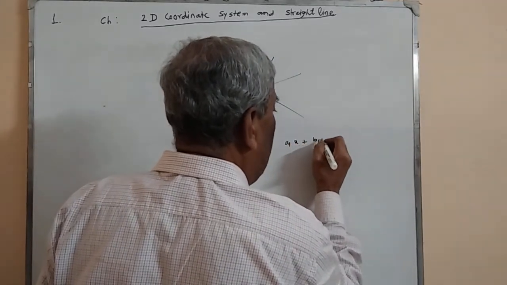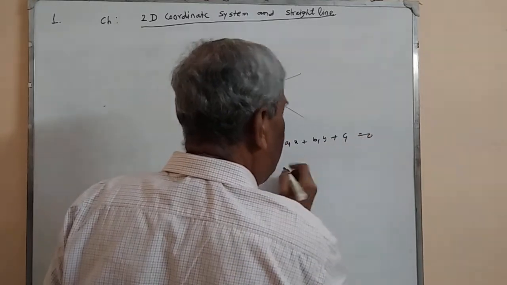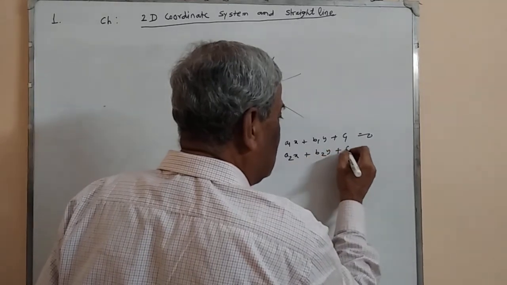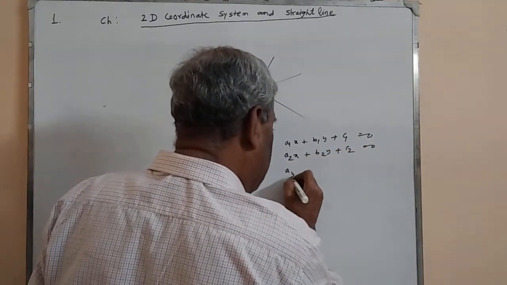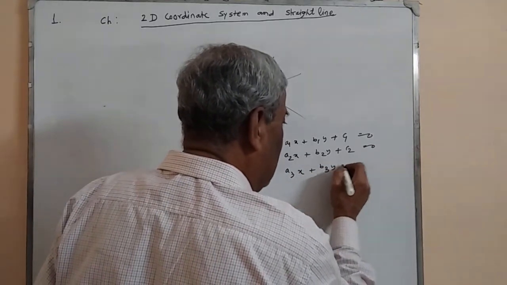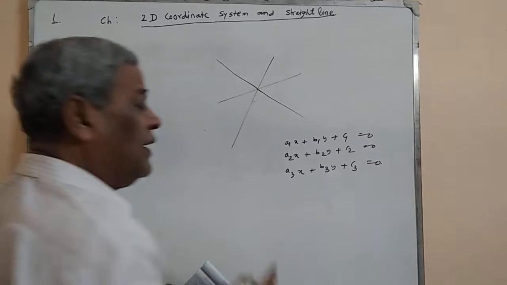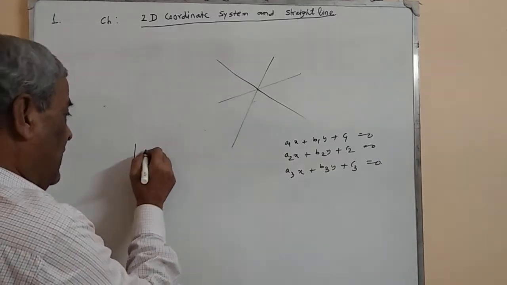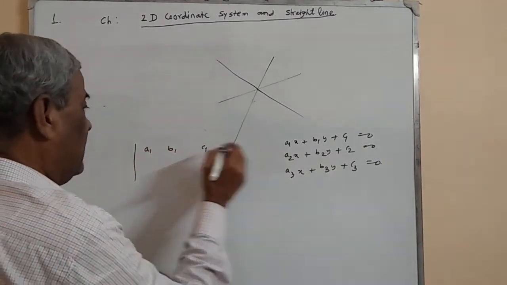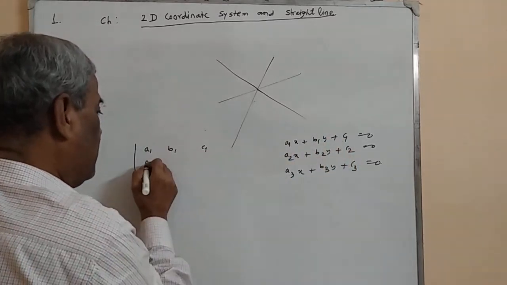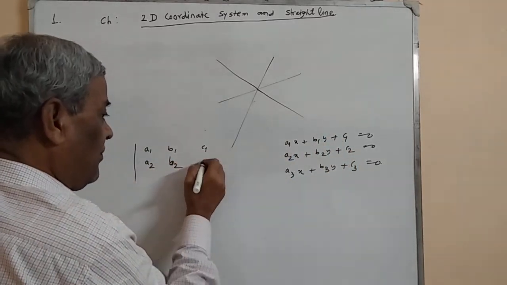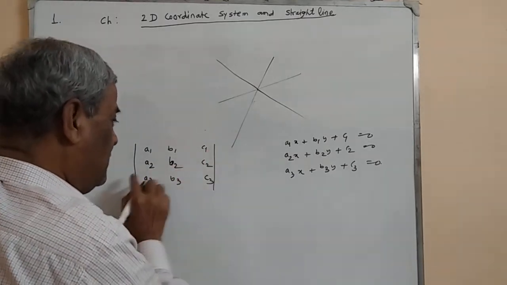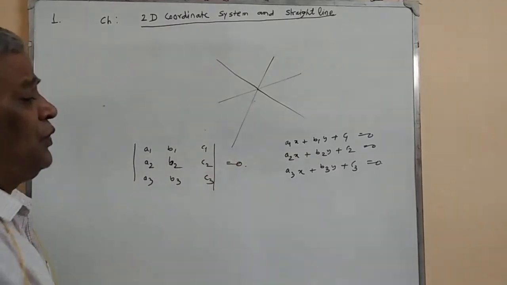For example, suppose a1x plus b1y plus c1 is equal to 0 is one straight line, a2x plus b2y plus c2 is equal to 0, a3x plus b3y plus c3 is equal to 0. If it is known that they are concurrent, then the determinant of a1, b1, c1, a2, b2, c2, a3, b3, c3 will be equal to 0.